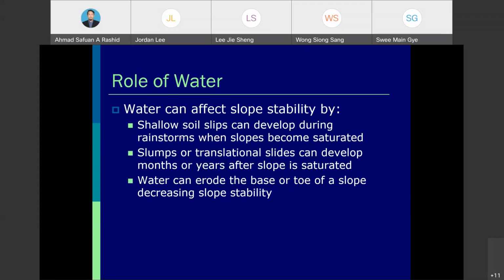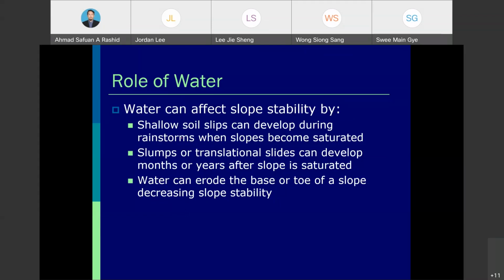Okay. So in the very short term, right after a heavy rainstorm, it can potentially make a shallow failure on the surface of the slope.